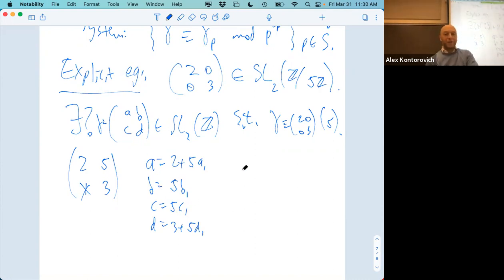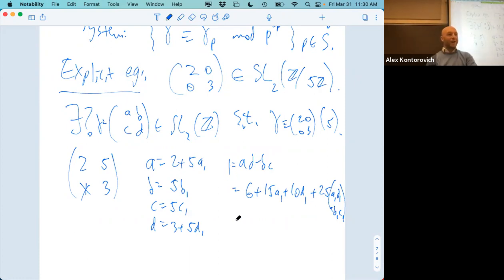And then when you work out the determinant, AD minus BC, which needs to be 1, A times D comes out to 6 plus 15 A1 plus 10 D1 plus 25 A1 D1. Minus BC is minus 25 B1 C1.